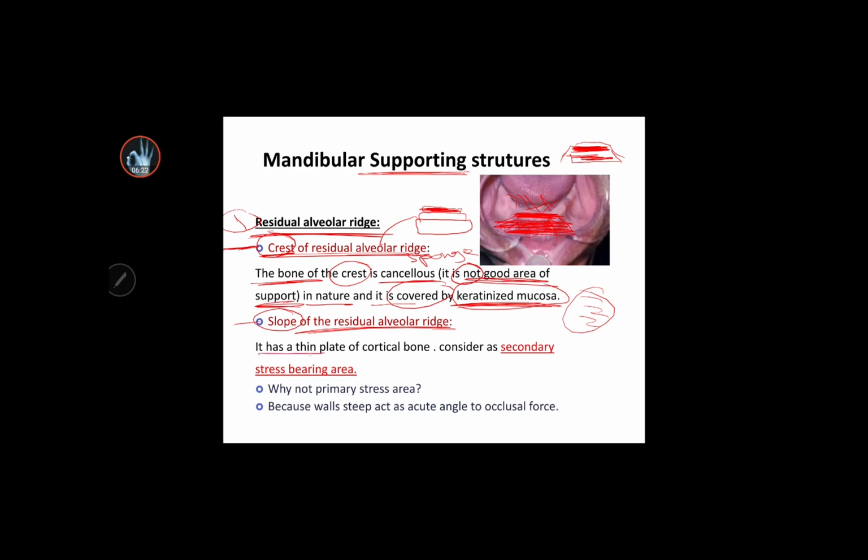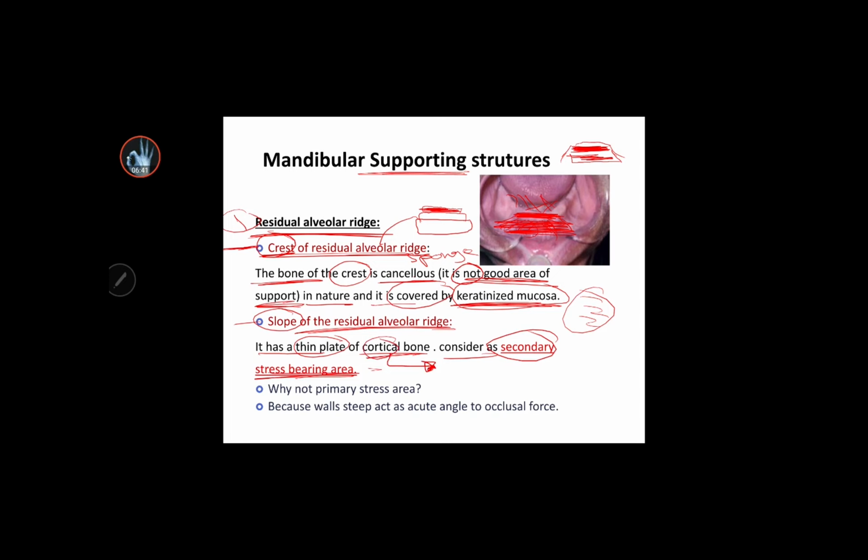It has a thin plate of cortical bone, and is considered a secondary stress-bearing area. We have two types of bone, cancellous or spongy bone and cortical bone.